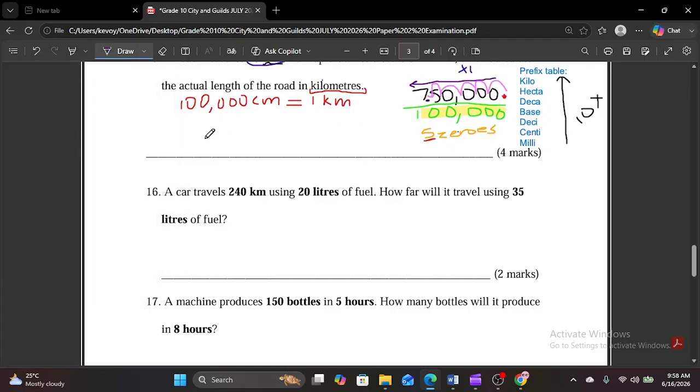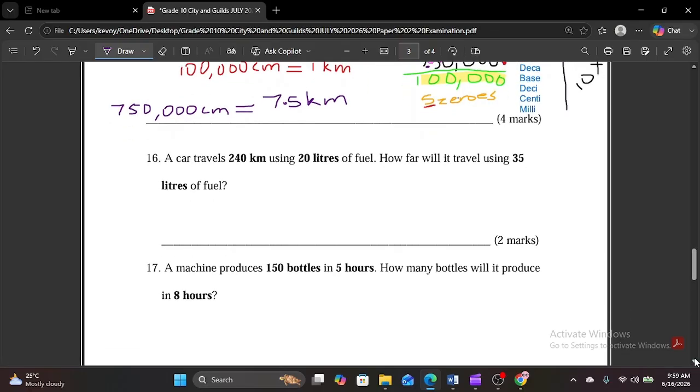So therefore, your answer in kilometers: if you have 750,000 centimeters, that's going to be equal to 7.5 kilometers.